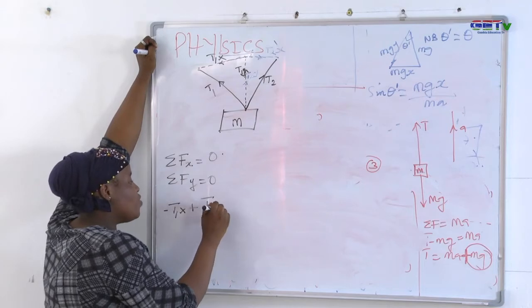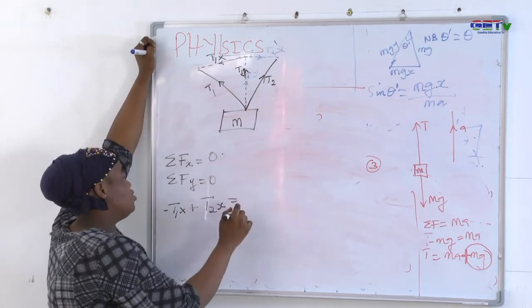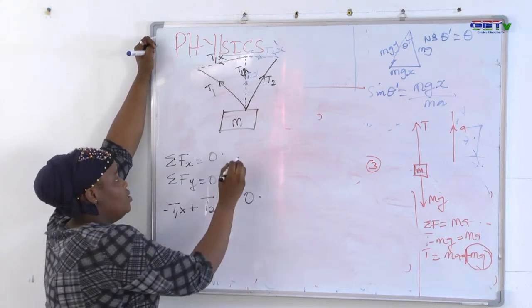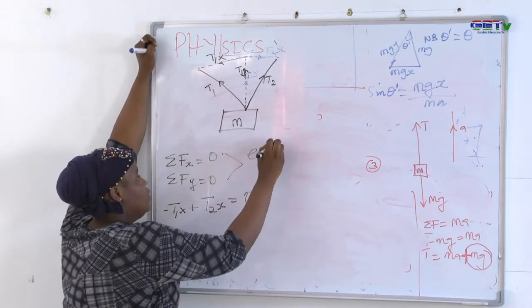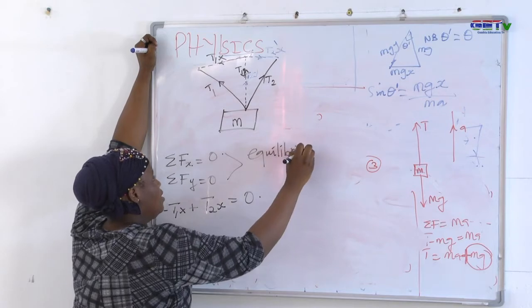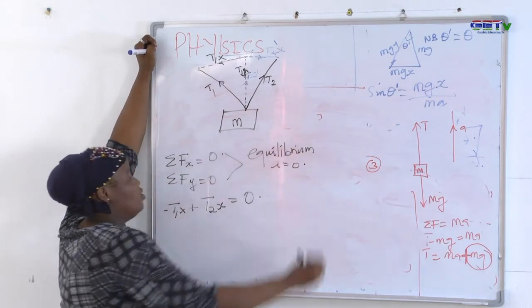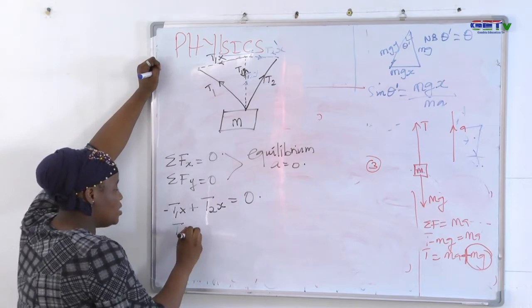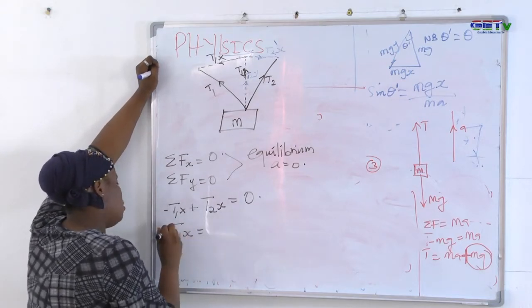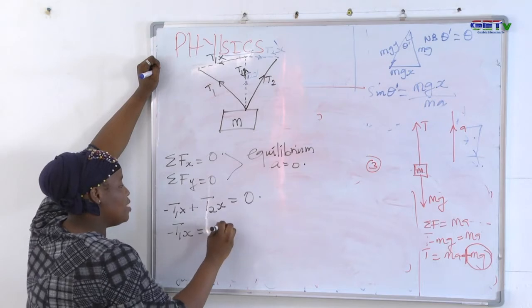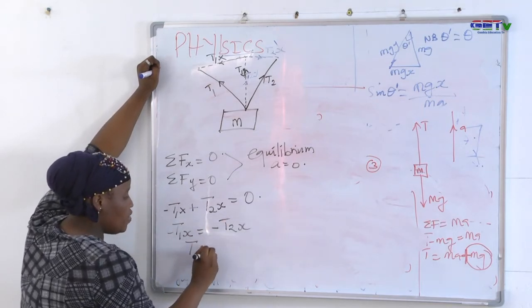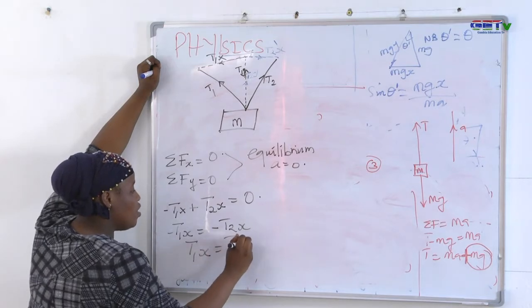That's T2 of x, which is equivalent to 0, because we are dealing with static equilibrium where a is 0 in both directions. So this gives us minus T1 of x plus T2 of x equals 0, and that simplifies to T1 of x equivalent to T2 of x.